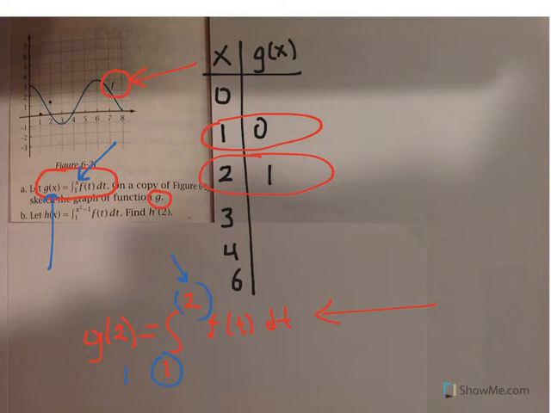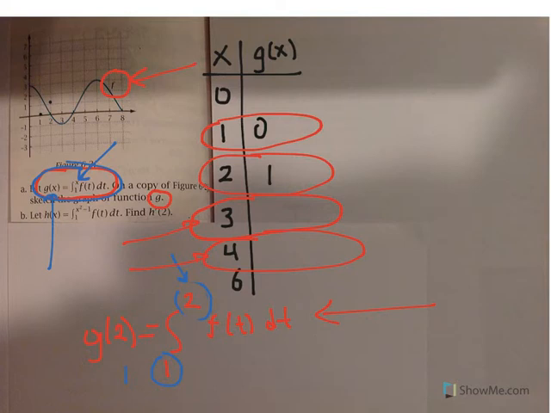Let's take a look at one more here. What about g of 3? Well, let's do g of 4 because I think that'll be a little bit easier for me to explain, but you do it the same way. So whatever the x value is, you look at your function, g of x is equal to the definite integral of f of t dt from 1 to x.